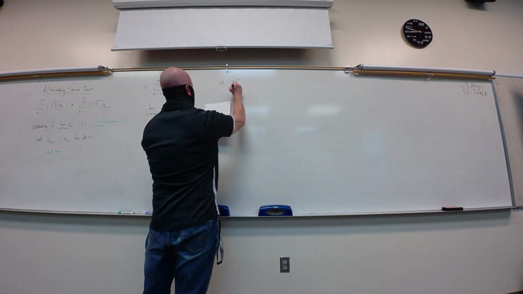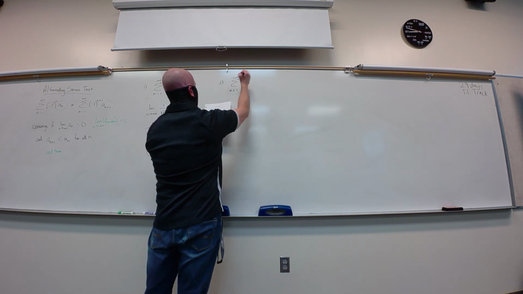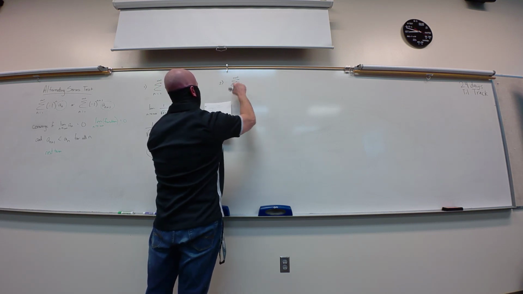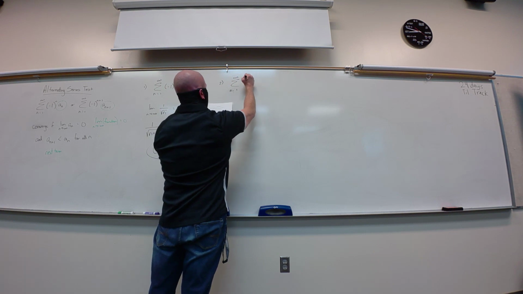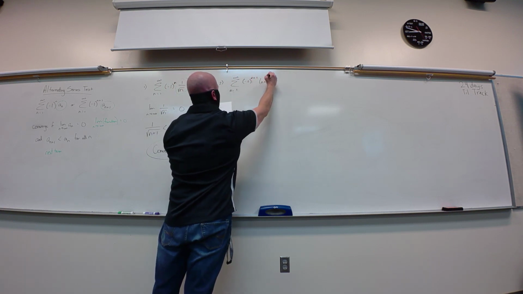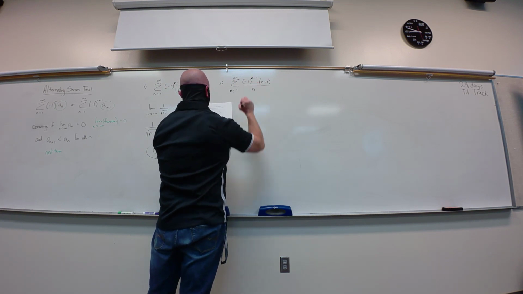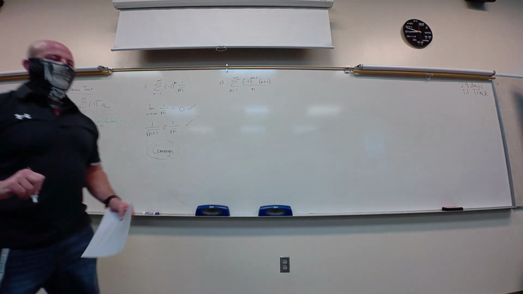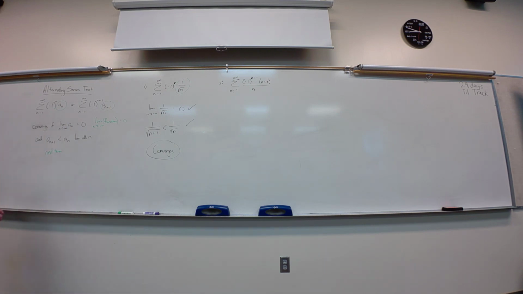Let's go the sum, n equals 1 to infinity, of negative 1 to the n plus 1 times n plus 1 over n. Checking if it's alternating.